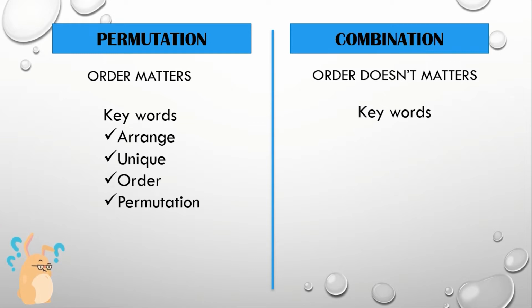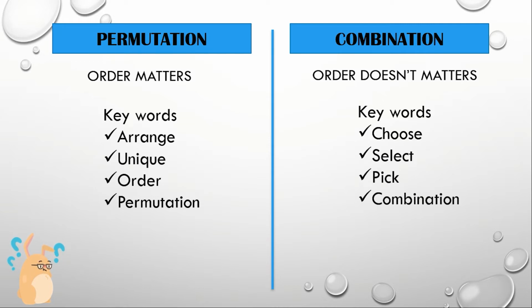While in combination, we have choose, select, pick, and combination. Again, when we say permutation, class, we are just dealing with the arrangements of objects. As you can observe in our previous example and quiz, we are finding the arrangements. While in combination, our keyword is that you are going to choose or select from the objects.